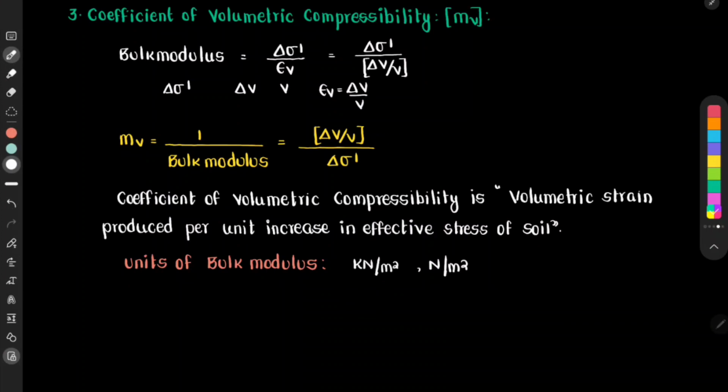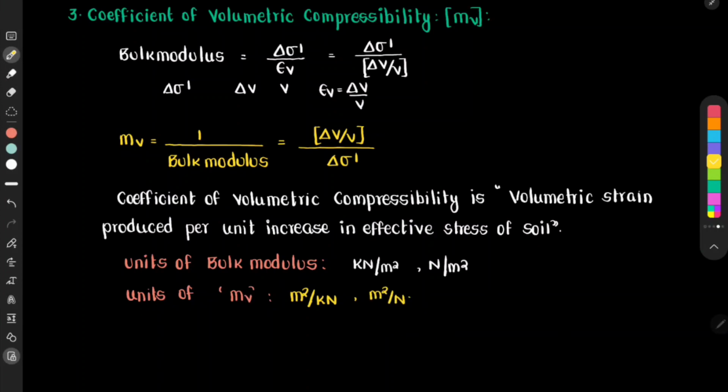Then what is the unit of MV? Units of coefficient of volumetric compressibility. MV is reciprocal of bulk modulus. Therefore, its units are meter square per kilonewton or meter square per Newton.